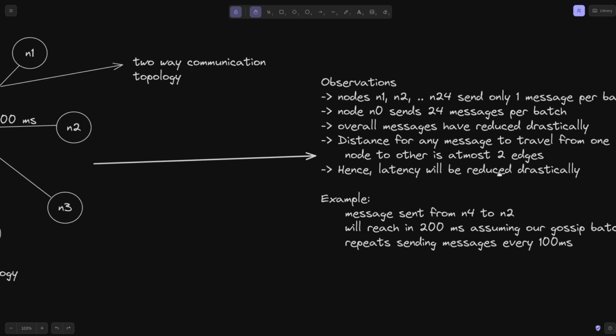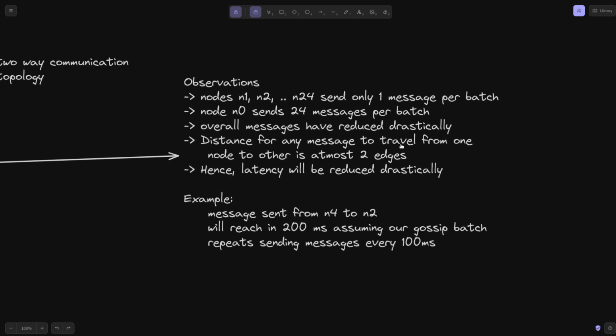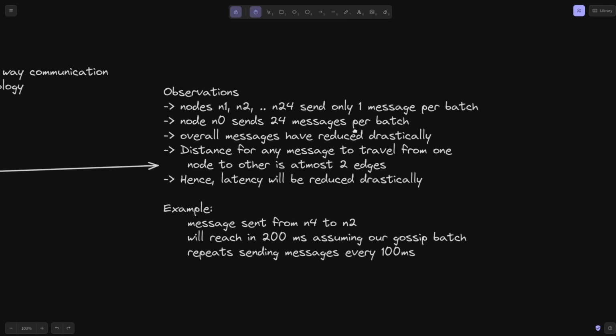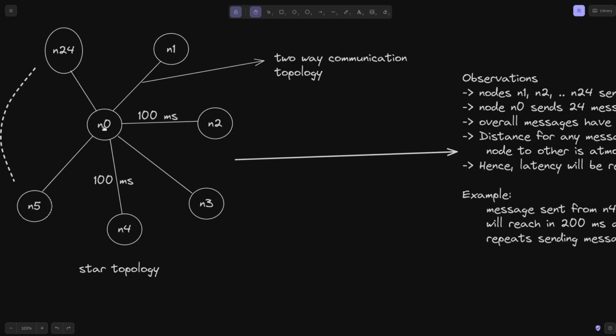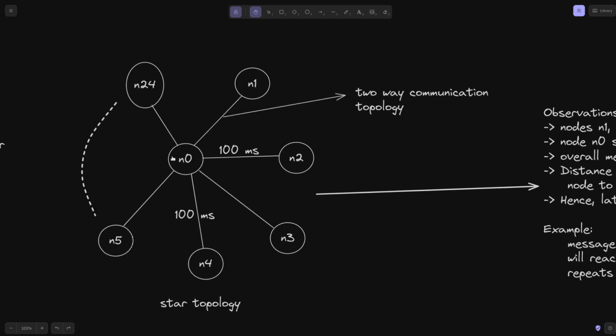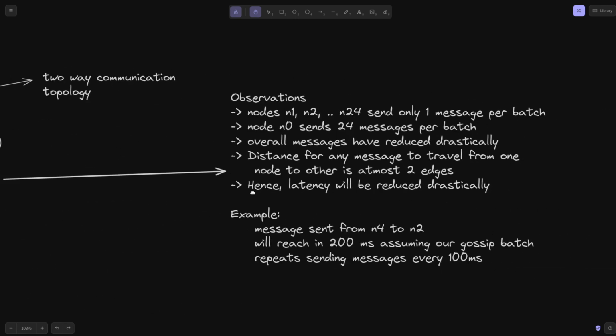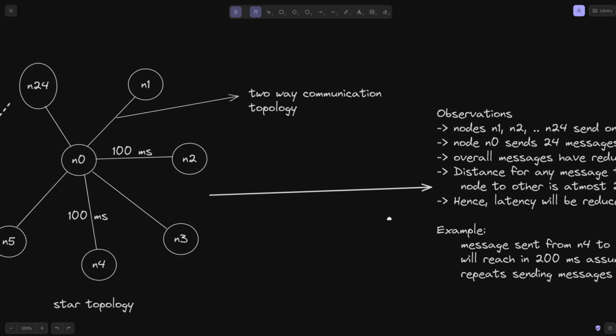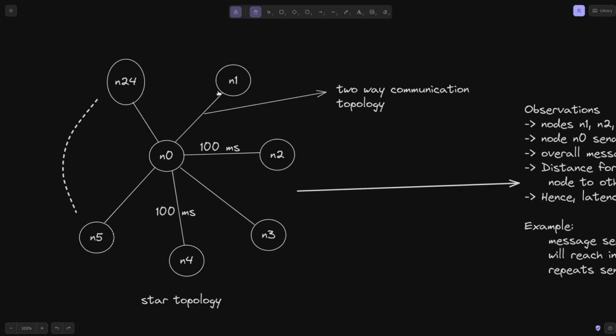If we have a batch, each batch waits let's say 500 milliseconds to send all the messages that it has. What we arrive at is that n0 is going to send 24 messages per batch because it has 24 neighbors in its cluster, and all the other nodes have only one node in their cluster to communicate with.